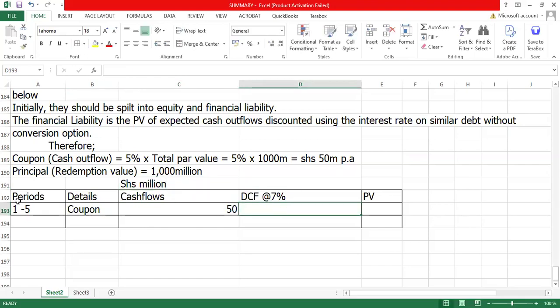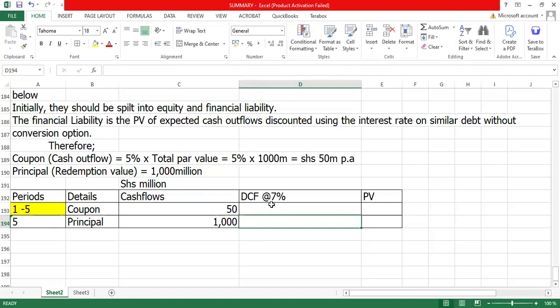What is the discount? This is an annuity. You're looking at more than one period. So you tell me the annuity from the table. Then the 5th year there is the redemption, the principal, and the cash. The amount is 1 billion. You tell me the discount factors.